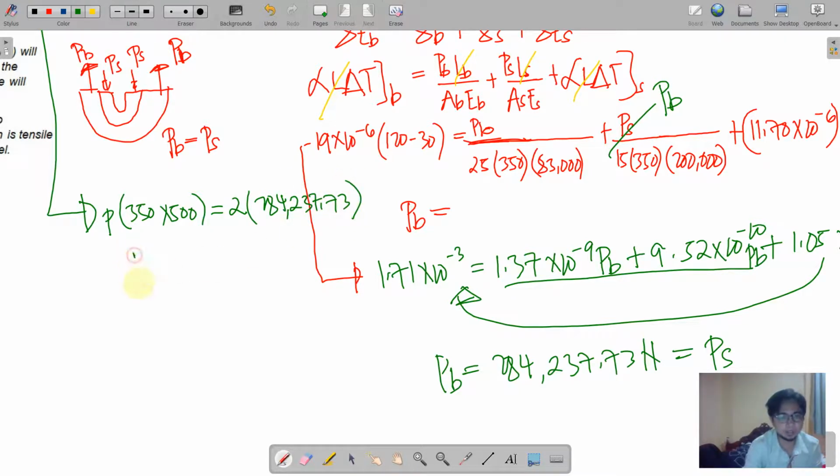Okay, so finally the pressure is equal to 3.25 megapascals. So this is the answer.